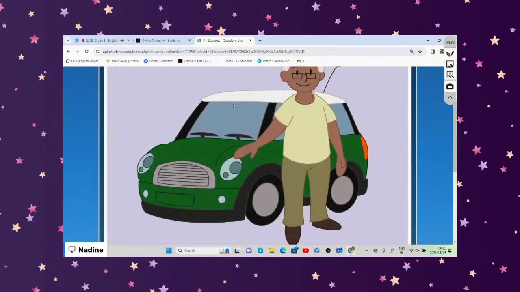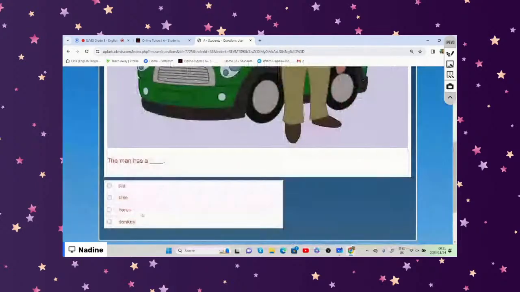So we can say the man has a car. You don't have to say green car, blue car. We can just say the man has a car. So well done, car.